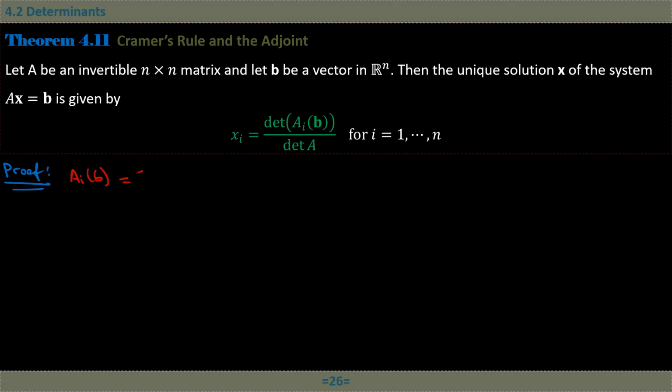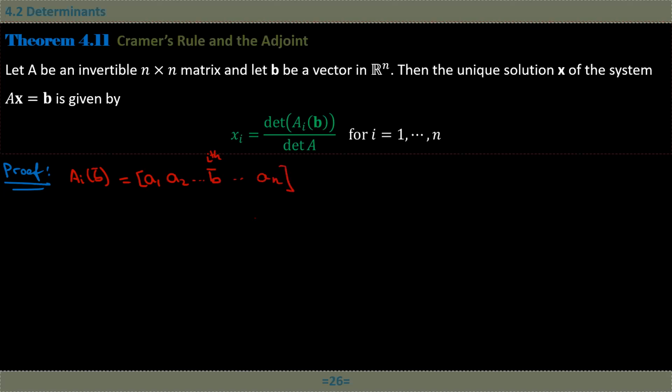Let's say these are the columns of A, ..., and A_i(B) means the i-th column of A is replaced by vector B, ..., and here we have An.